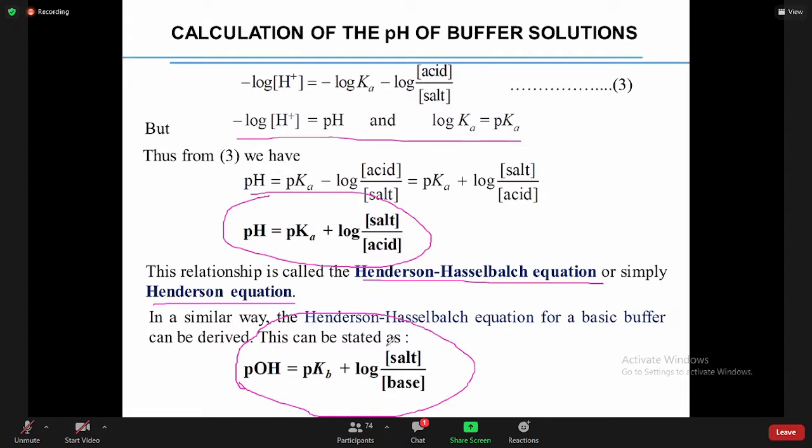We have not actually shown you the derivation for this one. Can you derive it, if we give it to you? Yes, sir. Inshallah. Because it will be in a similar fashion, like the acidic one.